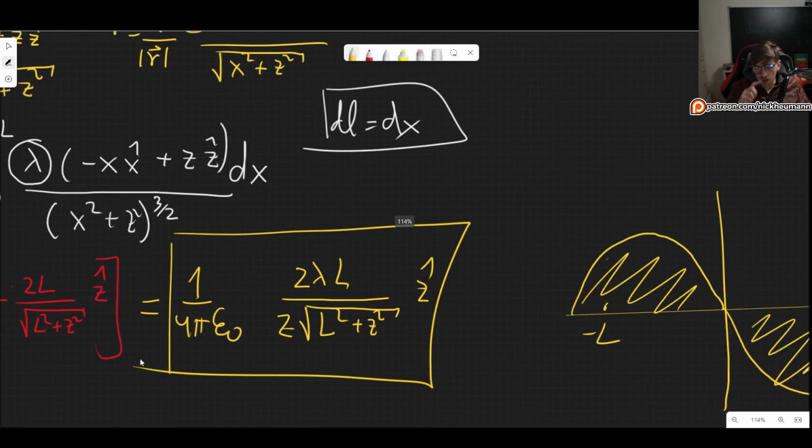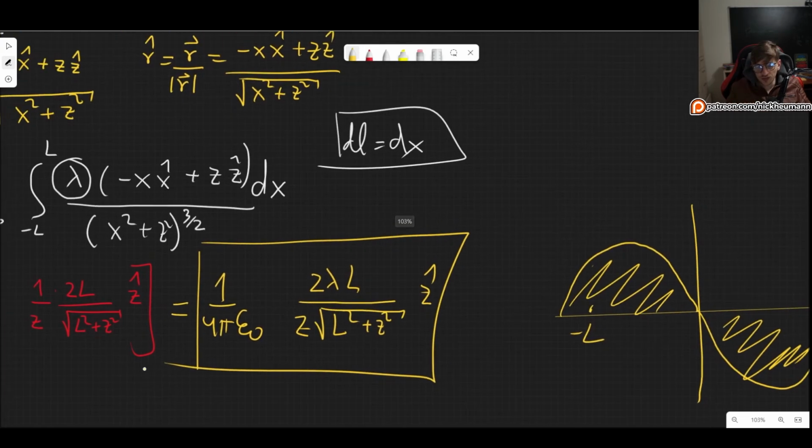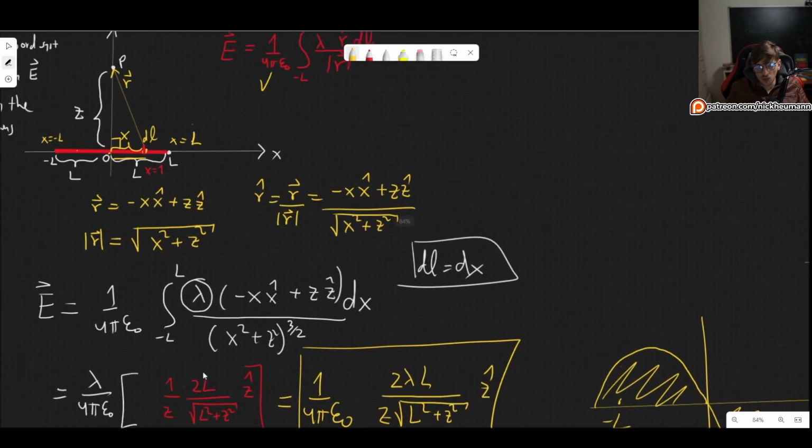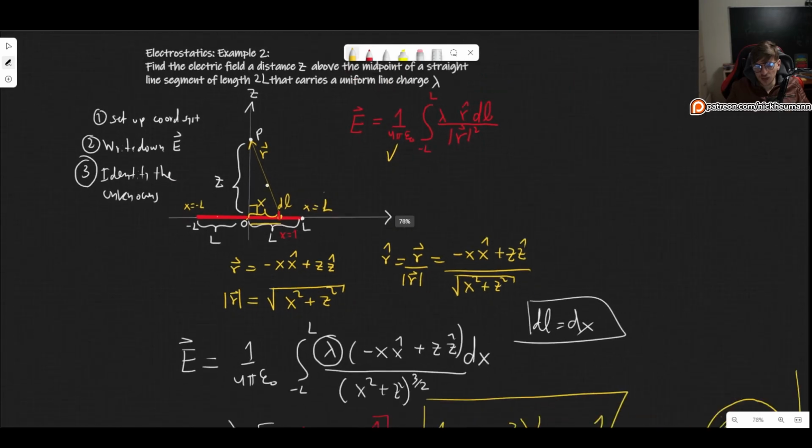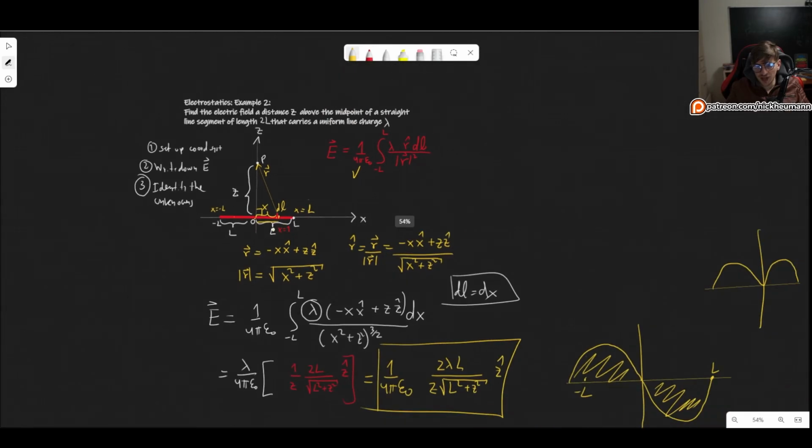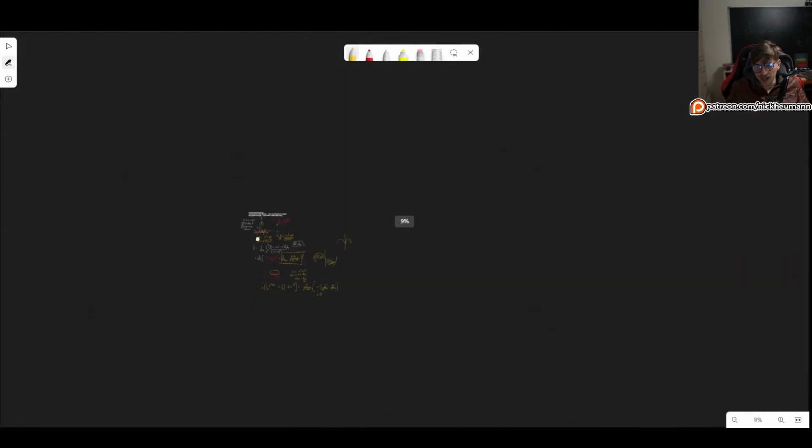Now here, if you want, you could wonder, what would happen if we were to move very, very far away from what we have here? As you can see, both points are getting closer and closer together. And if I go far away enough, you cannot distinguish one from the other.